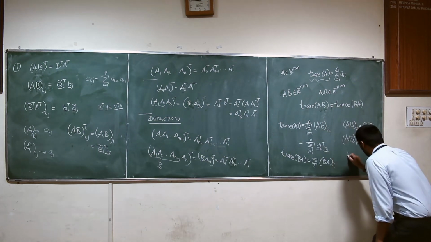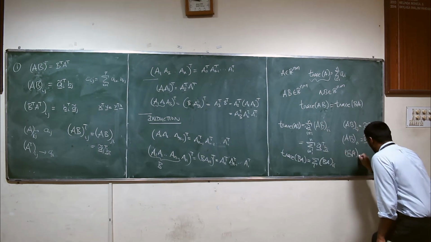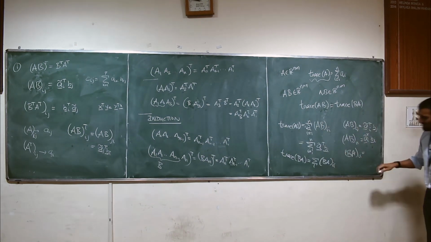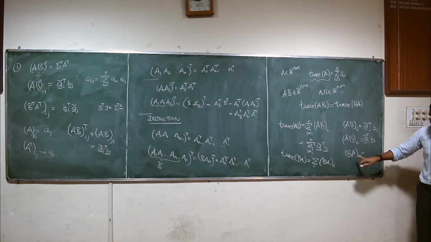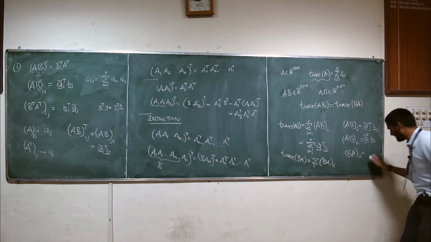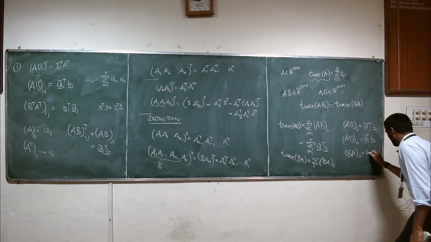So (BA)_ii is the inner product between the ith row of B and the ith column of A. Right?